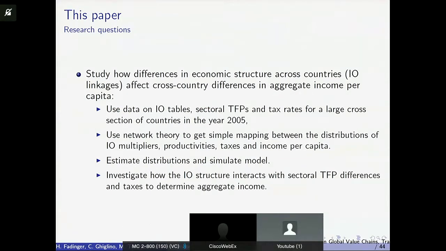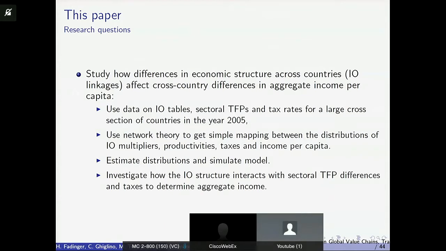So the question we're dealing with in this paper is how differences in input-output structure across countries can help us to explain aggregate cross-country income differences. In order to do that, we use data on input-output tables for many countries, together with data on sectoral differences in total factor productivity and tax rates on gross output.